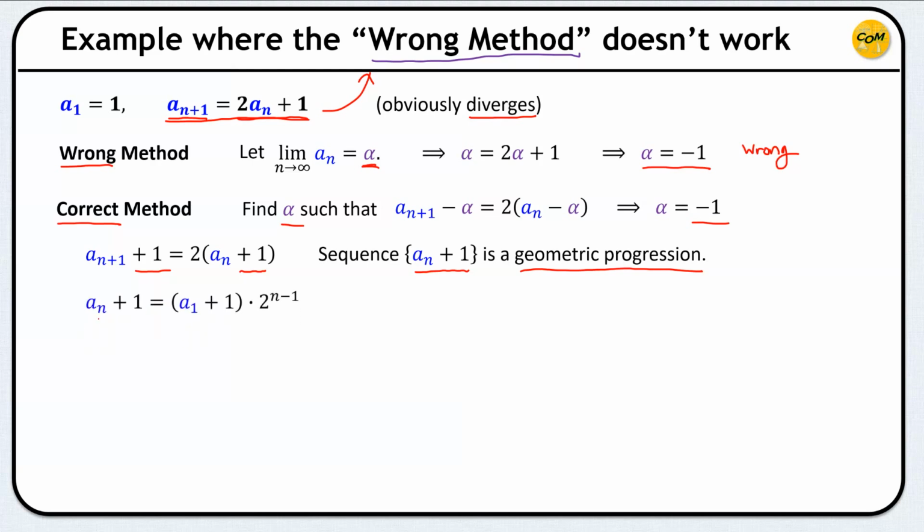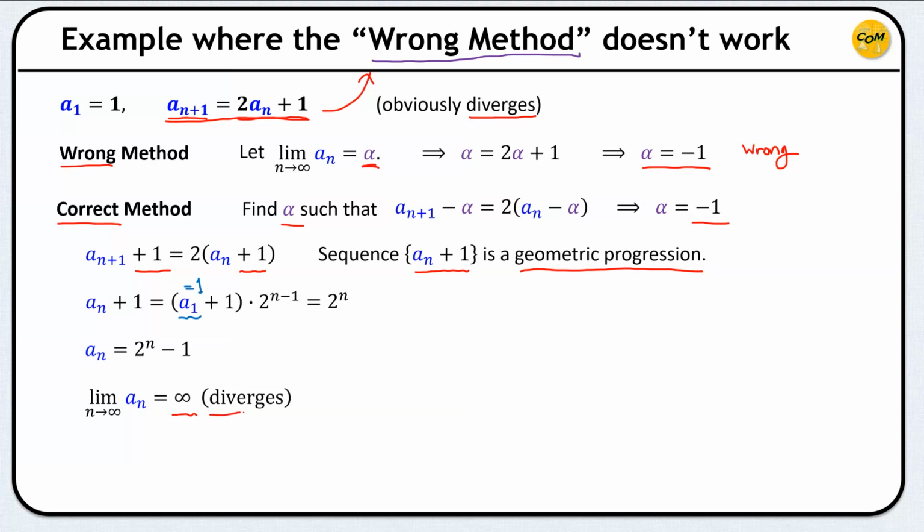So the general term a_n plus 1 is given by the first term a_1 plus 1 times the common ratio 2 to the power of n minus 1. Here a_1 equals 1, so this simplifies to 2 to the power of n. Therefore, a_n equals 2 to the power of n minus 1, hence we know that the limit goes to infinity, that is, diverges.